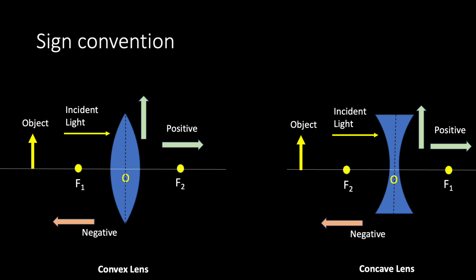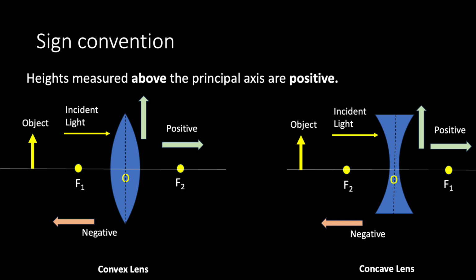First of all, the horizontal line passing through the optical center is the principal axis. Any height measured upwards, perpendicular to and above the principal axis is considered positive. This is usually the height of the object. Heights measured above the principal axis are positive.